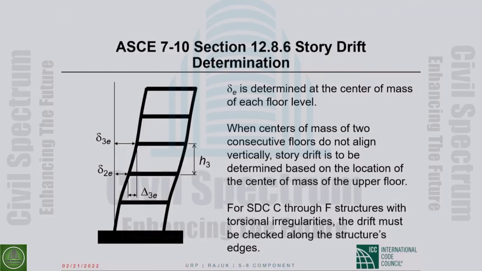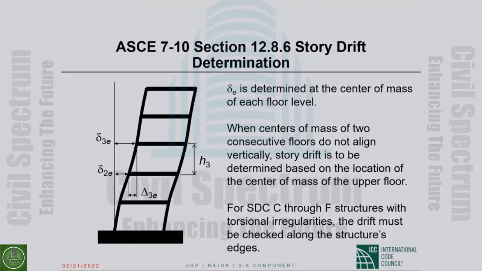When centers of mass of two consecutive floors do not align, the capital delta sub 3E would be the deflection at the center of mass of level 3 minus the deflection at the center of mass of level 2.